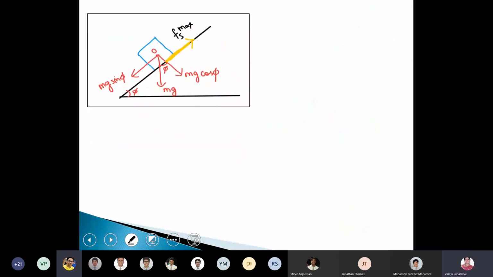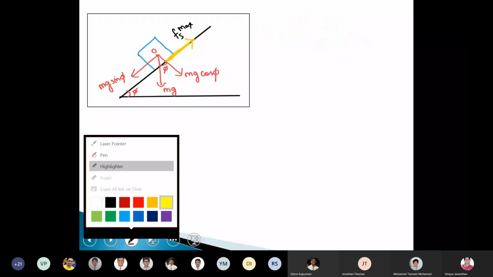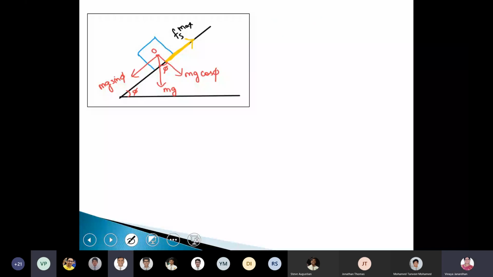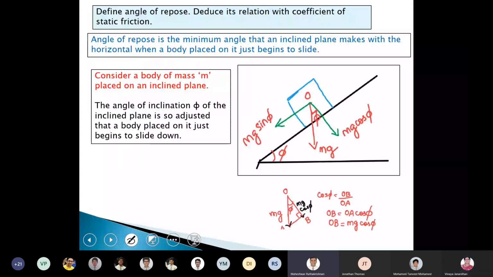Yes, ma'am. So in this case, ma'am, could you go back to the slide? What happened? Can you go back? Yeah, I'll just take a screenshot once again. I'm done, ma'am.